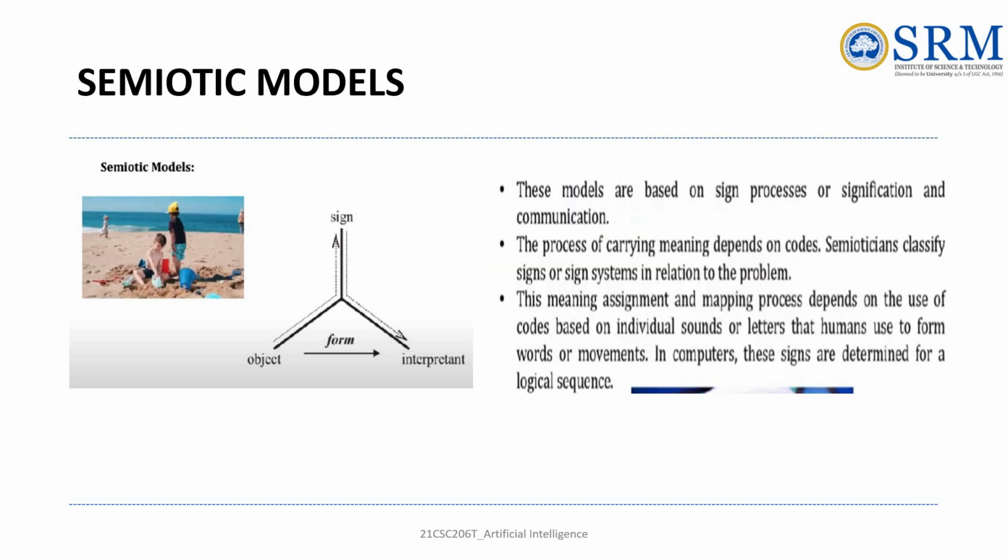Imagine a robot interpreting a hand gesture as a signal to stop. It is not just about detecting the motion, it's about understanding meaning in context. This kind of modeling asks, how do symbols represent reality? And how can machines interpret them like humans do?